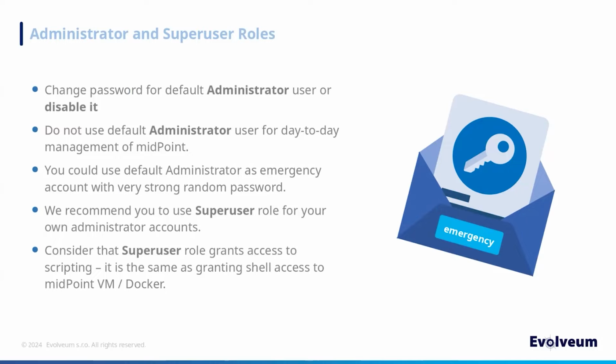You may choose to leave administrator enabled for emergency purposes. In that case, you should set it up with very strong random password. Such password should be stored in a secure location and used only for the emergencies. And in this case, do not use initial administrator password for these purposes, even if it was generated randomly.